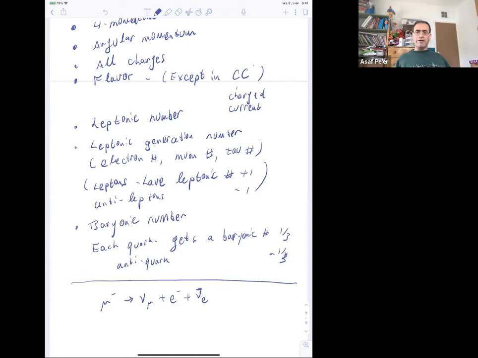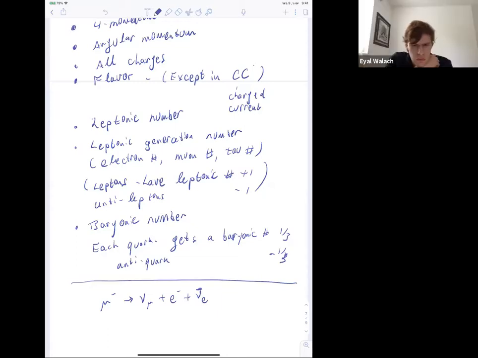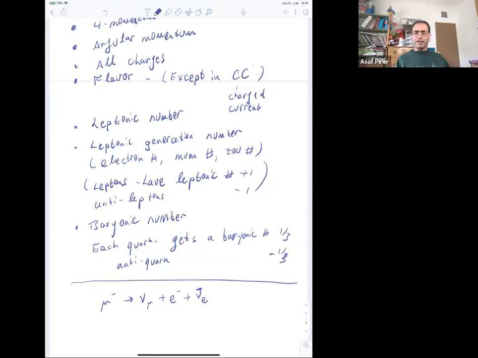Now we also have a muon number, right? So we have 1 muon. The muon and the neutrino muon carry 1 muon number. That's called muonic generation in general, but you can call it a muon number. So it's 1 for the muon and for the neutrino muon, but it's 0 for the electron and 0 for the tau.